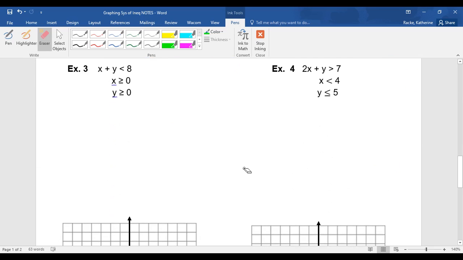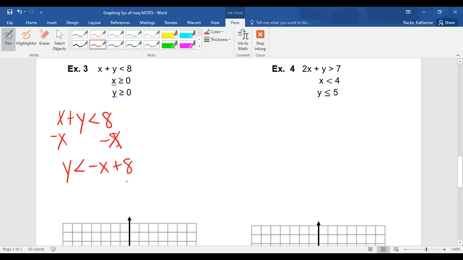All right, moving on to number 3. So now I have 3 of them. I'm still going to start with my first one and set it equal to y. It's x plus y is less than 8, so I need to subtract x from both sides. I get y is less than negative x plus 8.